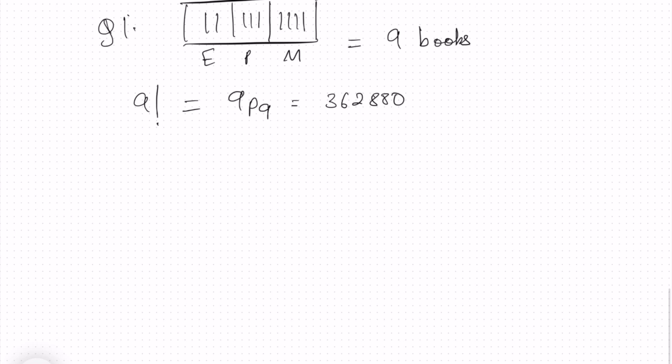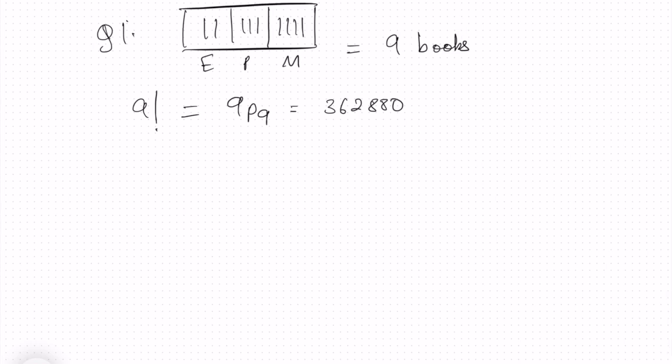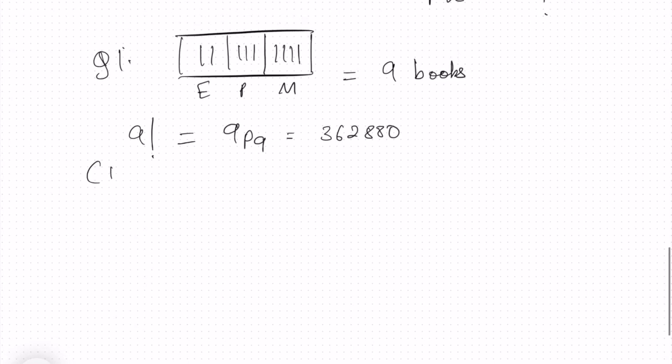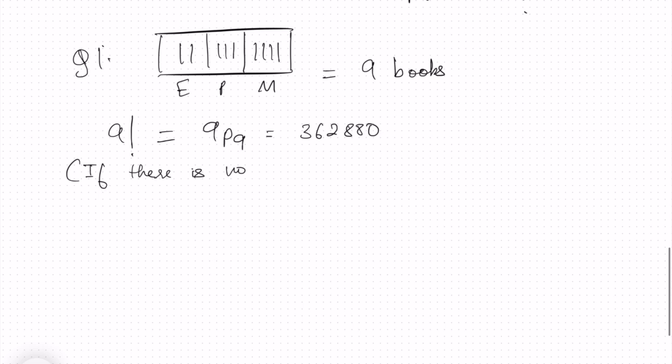The value does not matter much, but just to know. So this is one case. If there is no constraint or restriction on the arrangement of the books, then yes, this is the answer.